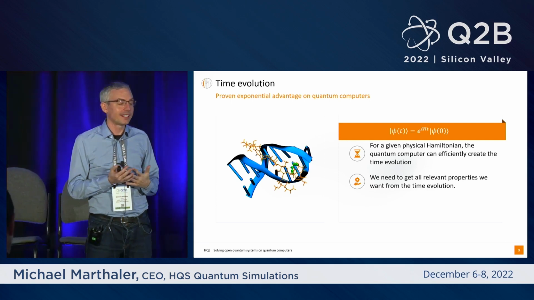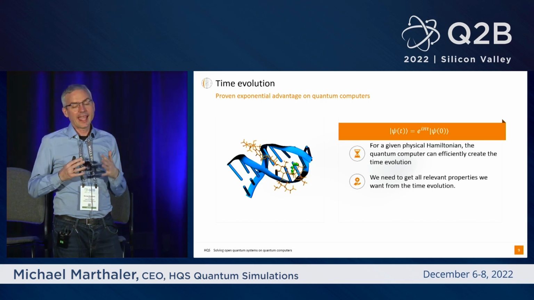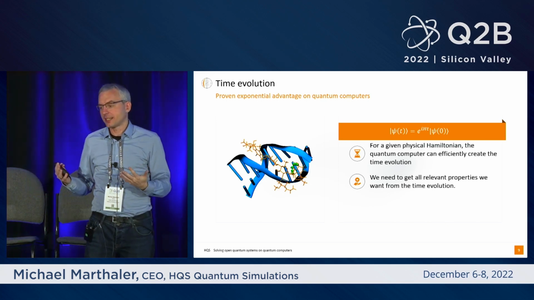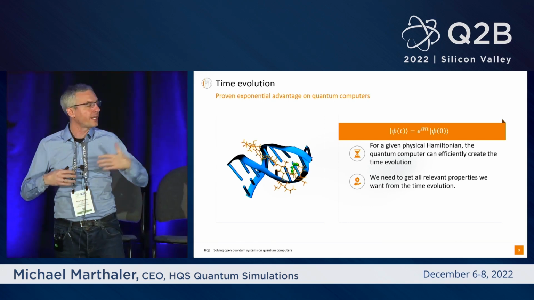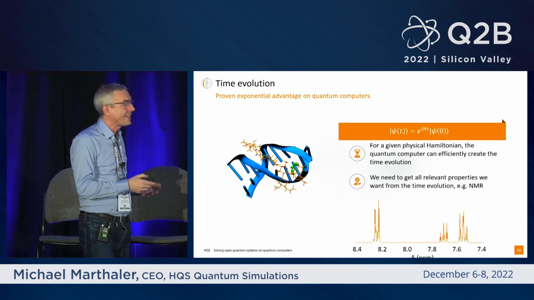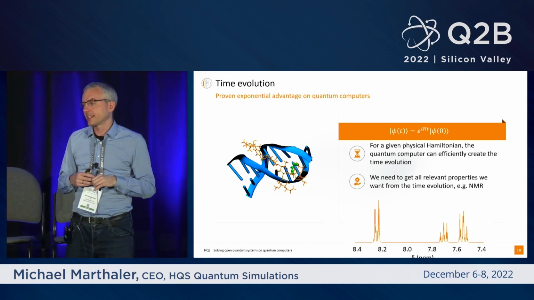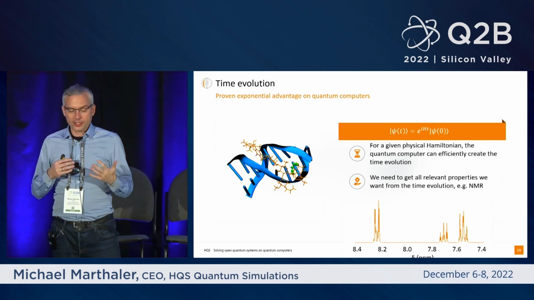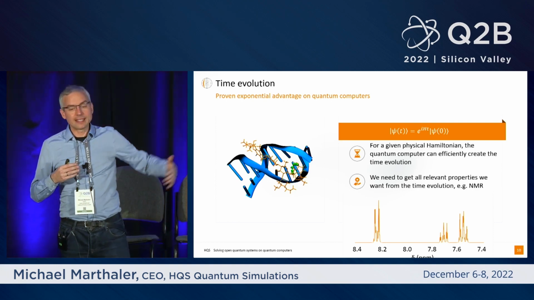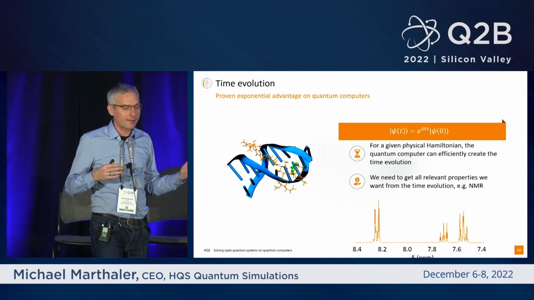And now, of course, the issue is we need to be able to time evolve something and get all relevant properties that are interesting for a user purely from a time evolution. And here is actually where a problem like nuclear magnetic resonance comes in, because this spectrum is in some sense the Fourier transform of the time evolution.